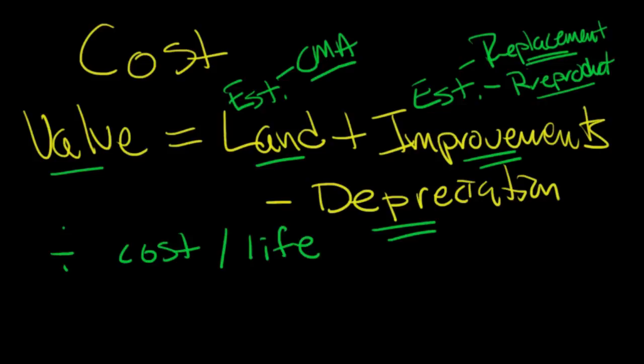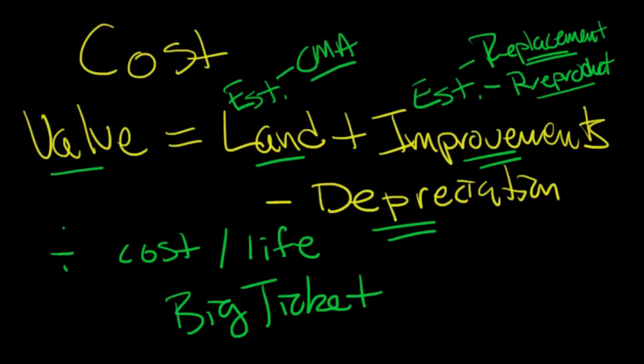Dividing its cost over its lifetime, so that since it's such a big ticket item, unlike a pen or something, I suppose you could depreciate a pen if the IRS wanted you to or allowed you to, but we're talking more like a big ticket item, like a refrigeration system for a restaurant. A roof is a perfect type of big ticket item that you'll depreciate over time. So here's your cost approach to value. Fairly straightforward.